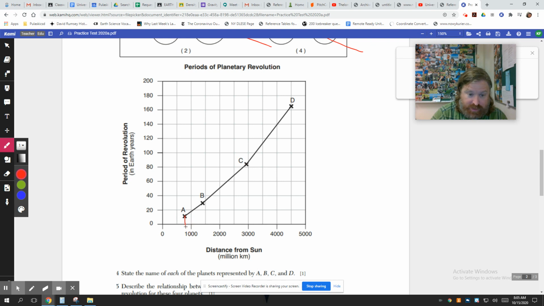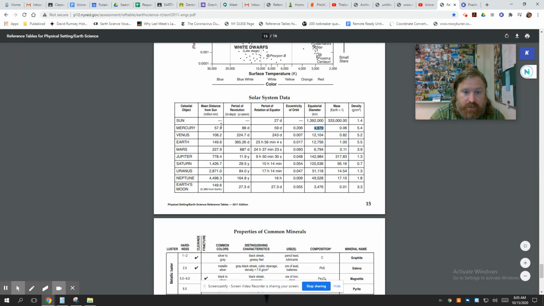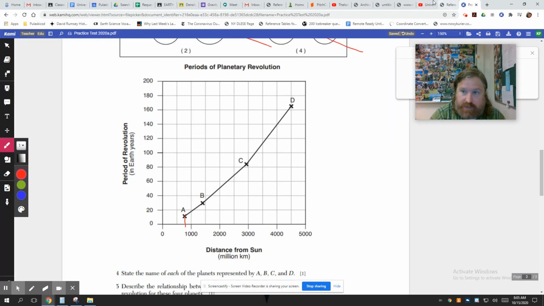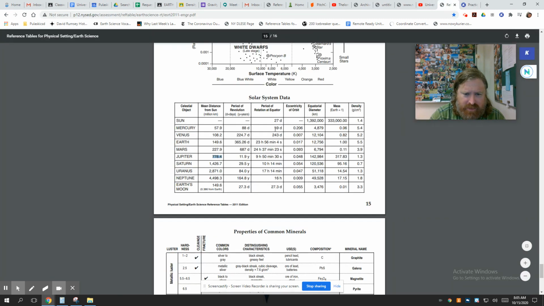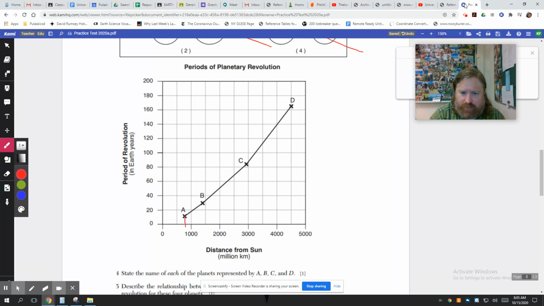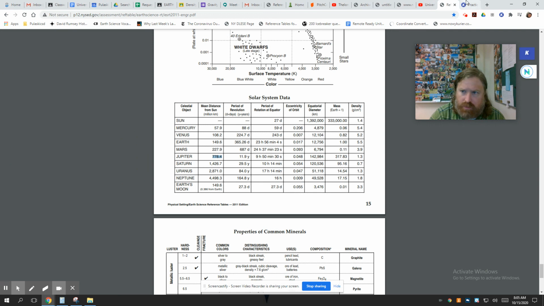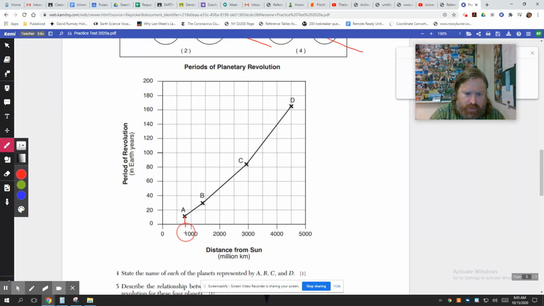Over millions of kilometers, it looks like A is roughly that one. It's got to be right, about 750. And let's just make sure with period of revolution. Yeah, that's looking right. So Jupiter.